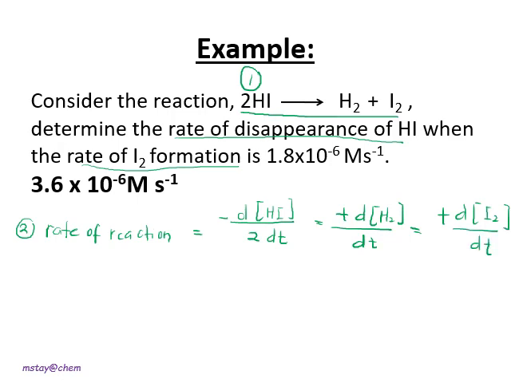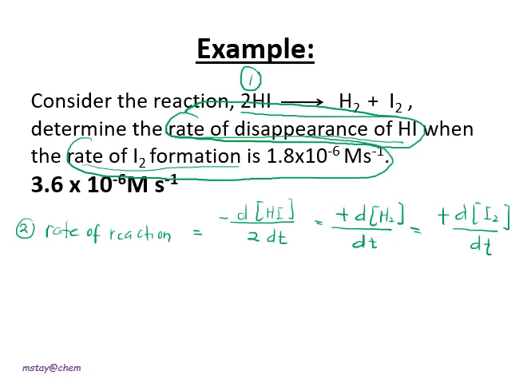In this case, we are going to determine the rate of disappearance for HI, and you are given the rate of formation for iodine. So here in the differential rate equation, we have 3: HI, H2, and also I2. But in this question, we only need to focus on HI and I2 only.